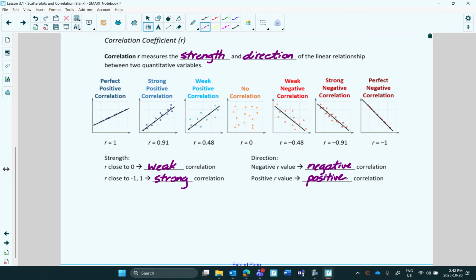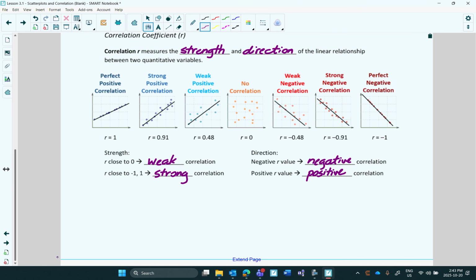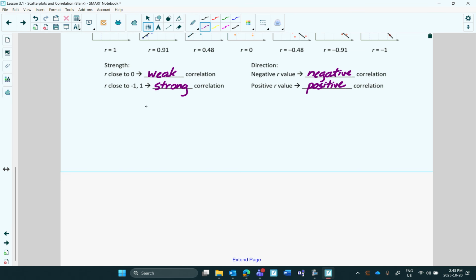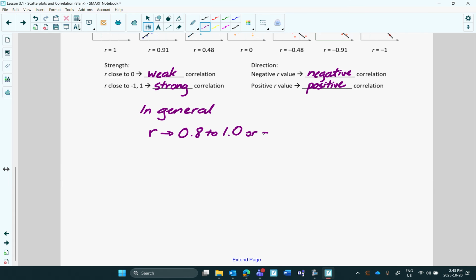Now, in general, you can go by this guide. If r is 0.8 to 1, or -0.8 to -1 for a negative correlation, we would say that's strong.